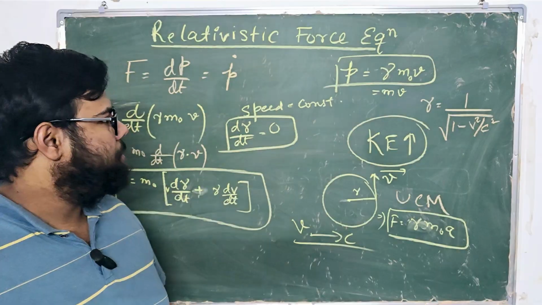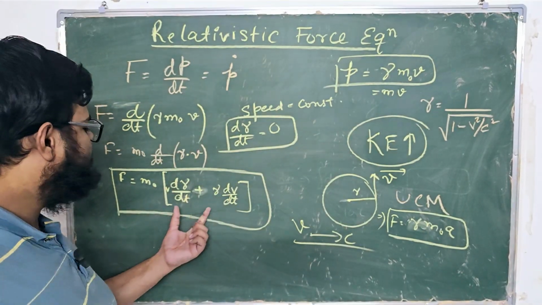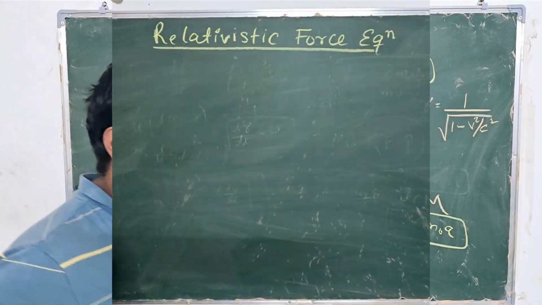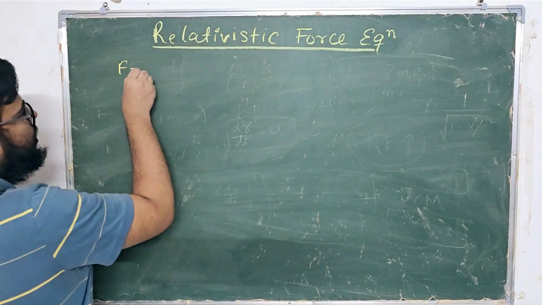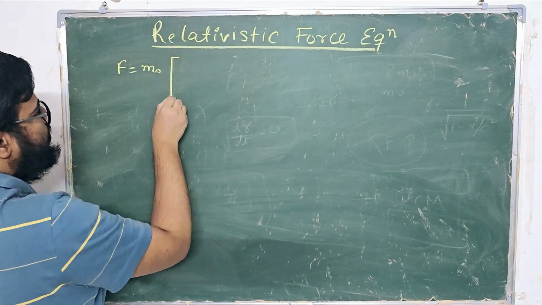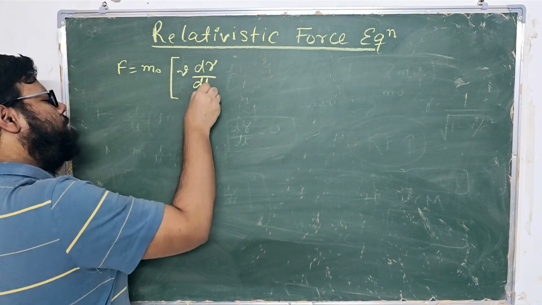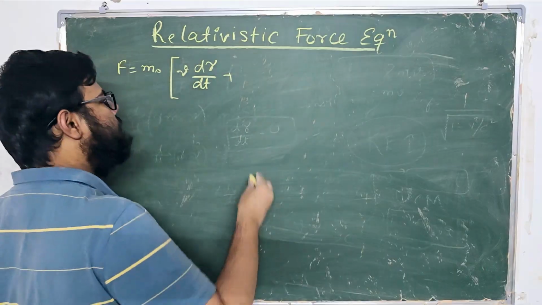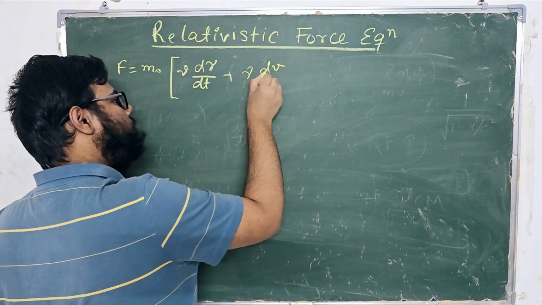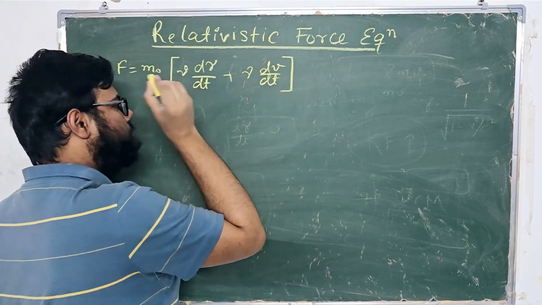Now let's erase this, and now let's solve for the general expression, right? So we had got F is equal to m naught times v d gamma by dt plus gamma times dv by dt.